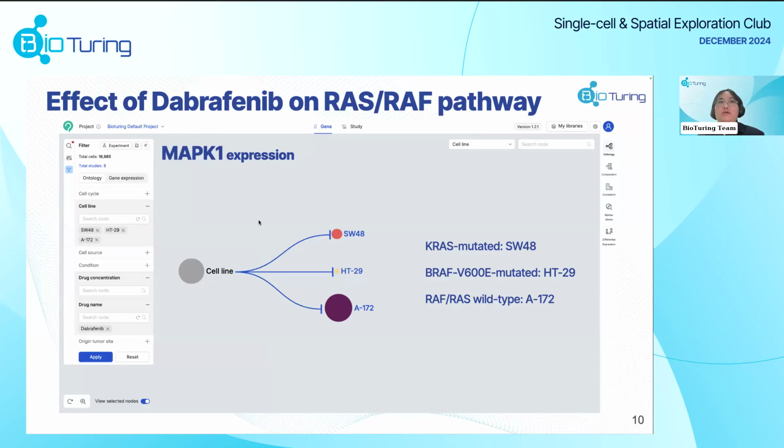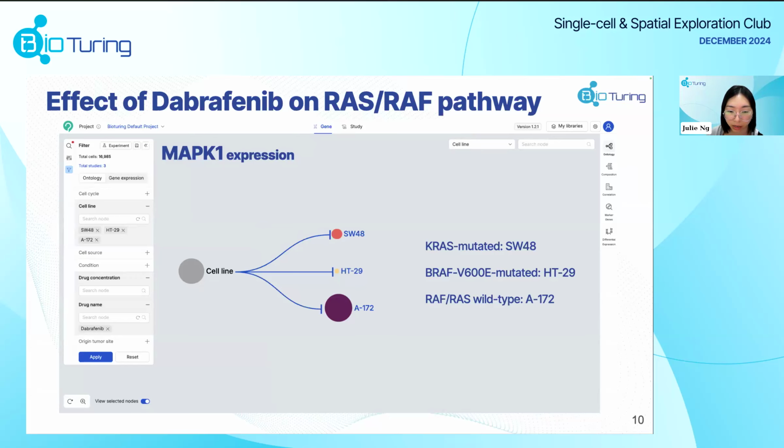This is how we can reproduce the effect of dabrafenib on the RAS-RAF pathway on top of the data. Basically, the figure that we're looking at here is us trying to recreate the last figure we saw in the last slide, where you'll see three different cell lines which we have filtered in the dataset.